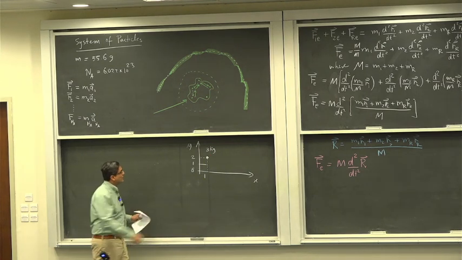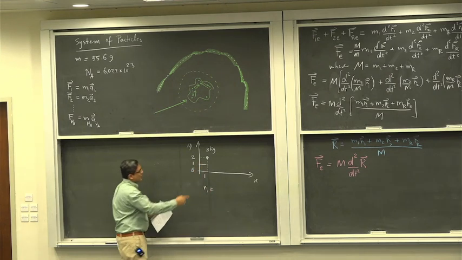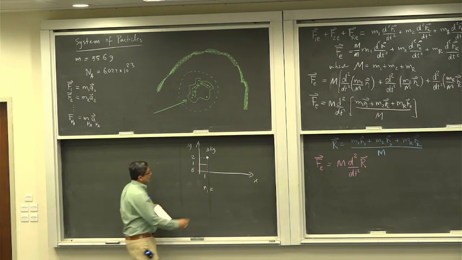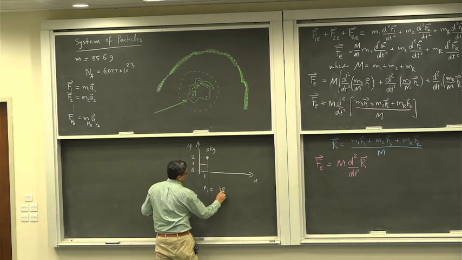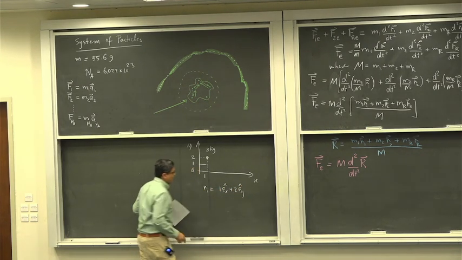What is its position vector, R1? Can you write R1? 1ex plus 2ey.